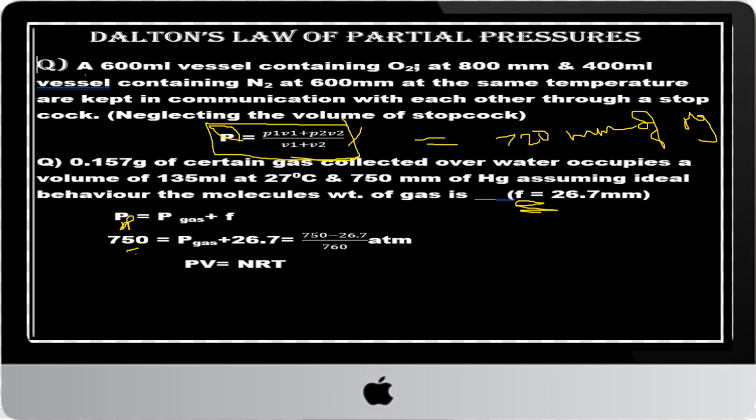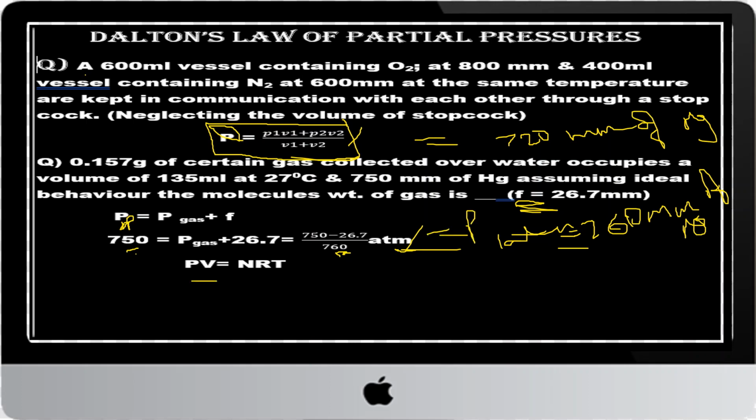Units are important. Here, make it atmospheres by dividing by 760. We know the relation 1 atmosphere equals 760 mm of Hg. Using this, we divide by 760 to convert into atmospheres. Then we get the pressure of the gas.